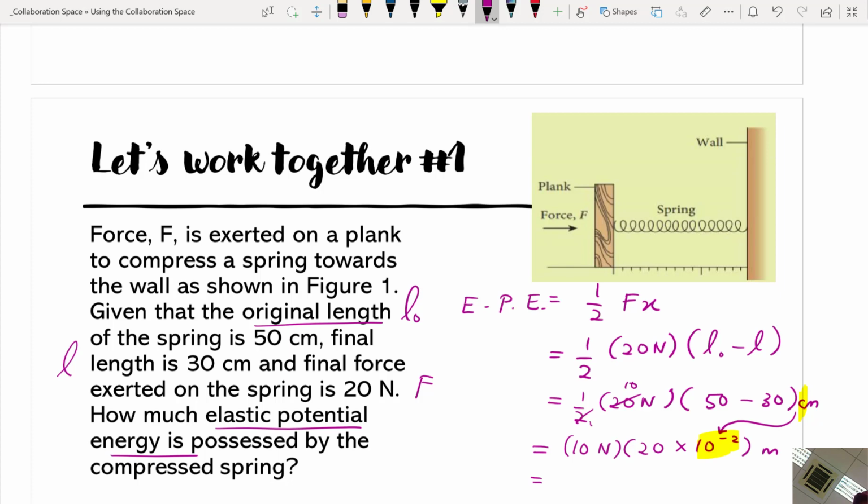So 20 times 10 to the power negative 2 gives us 0.2. So this is the best way to do it. Okay, and then 10 times 0.2, so we get the answer as 2 Newton meter.